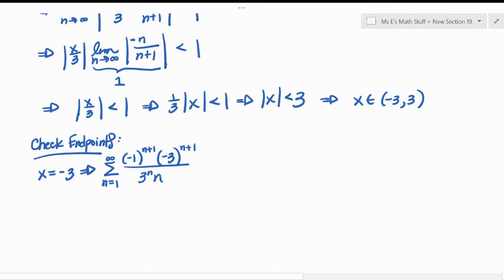I personally blended these together, and so using a property of exponents, I ended up with 3 to the n plus 1 over 3 to the n times n. And then from there, I was able to cancel n of the 3's, and then I was left with a 3 on top, which I could then factor out.